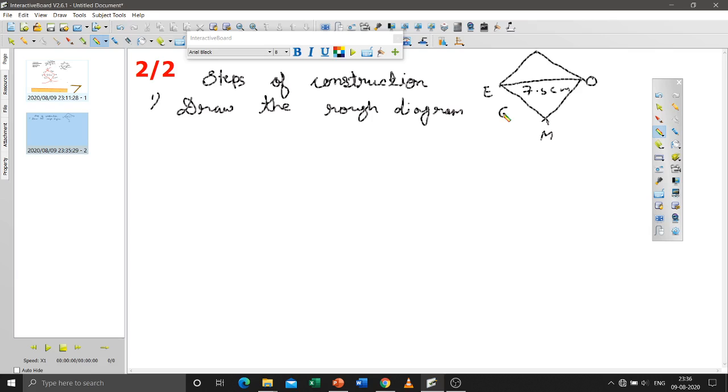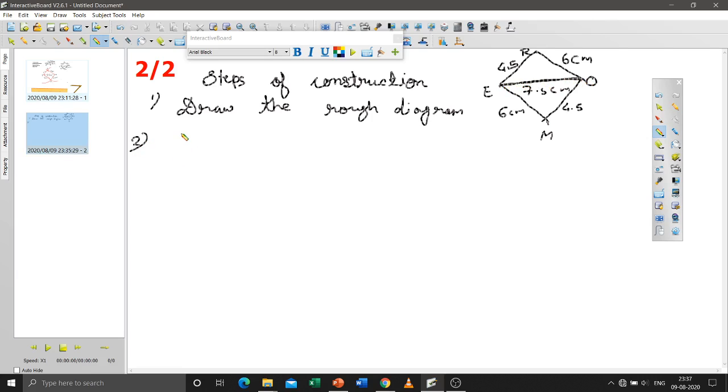You can see this is 6 centimeter, this is also 6 centimeter. RE is 4.5 centimeter and MO is 4.5 centimeter. So like this we will draw the rough diagram first. Then what is the second step?